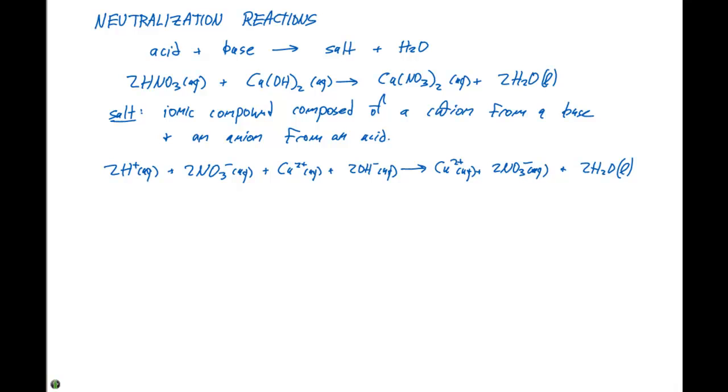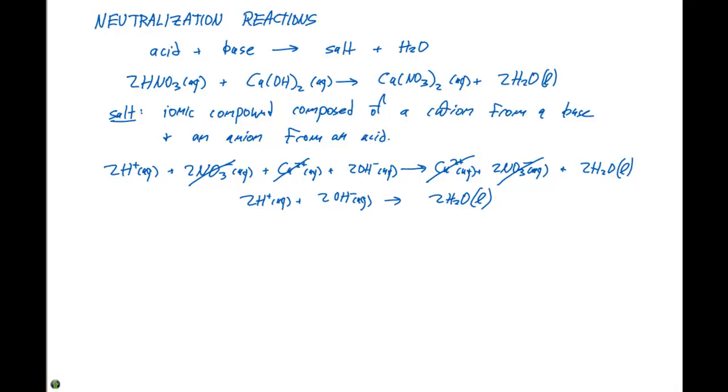In this particular reaction, we can now cancel out the spectator ions. The nitrates cancel out and the calciums cancel out, and that gives us 2H+ plus 2 OH- giving us 2 waters. Typically when we write chemical reactions, we like to write them in their simplest form.